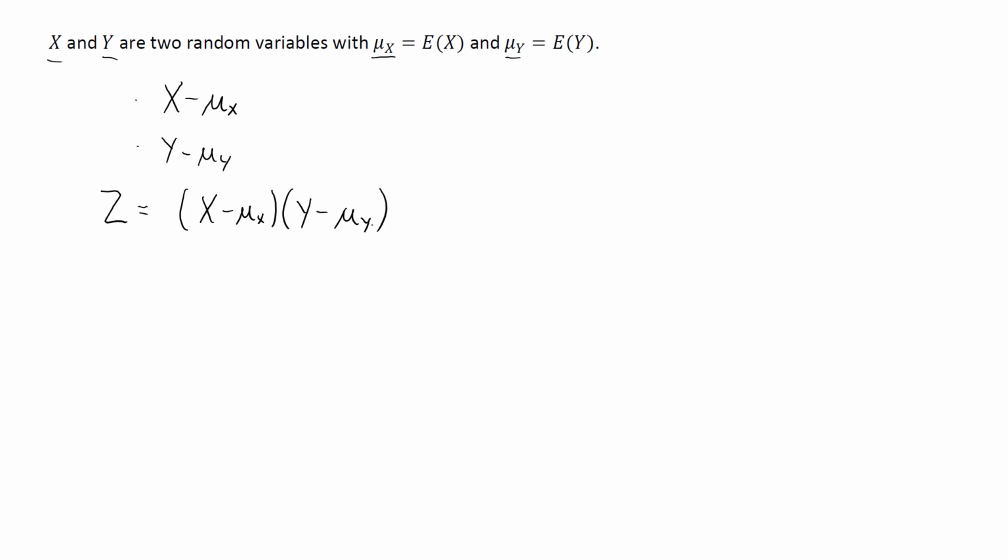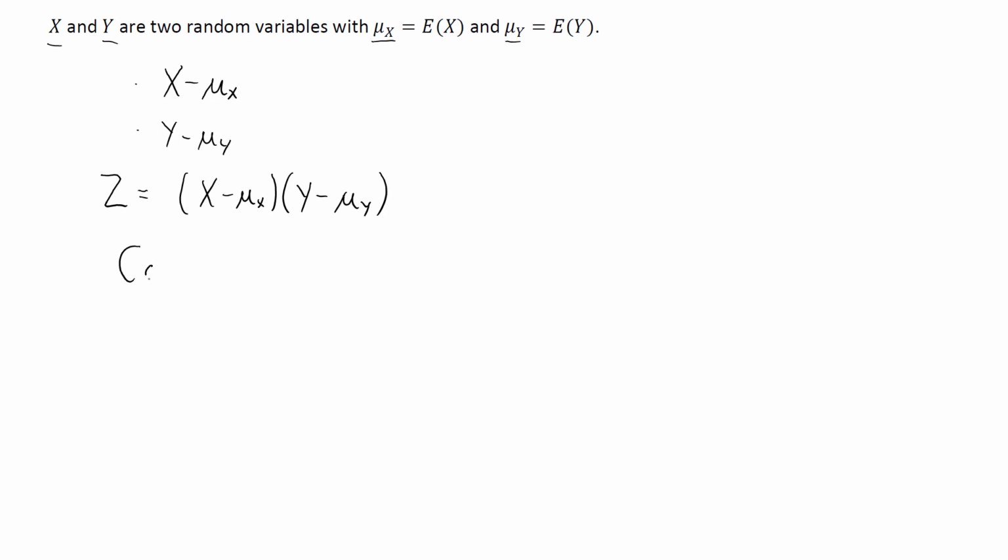If x goes above its expected value and y goes below its expected value, then z will take a negative value. Finally, we simply define the covariance between x and y as the expected value of this new random variable z. So if z mostly takes positive values, then the covariance will be positive and vice versa.